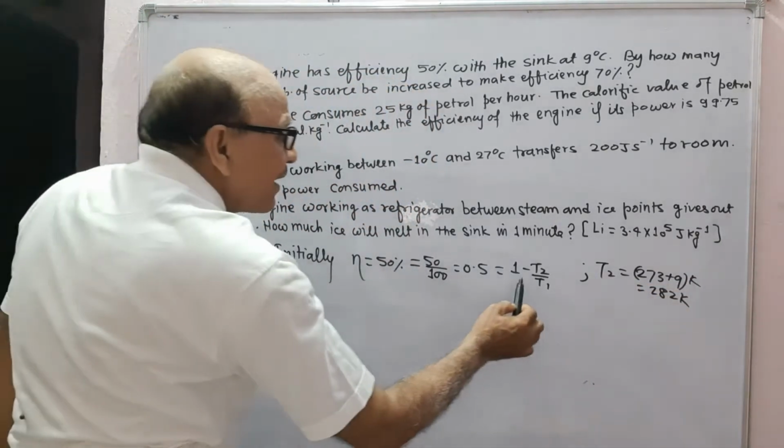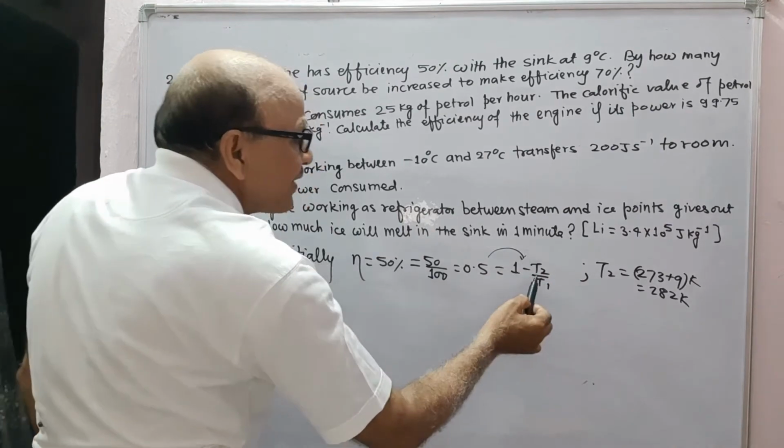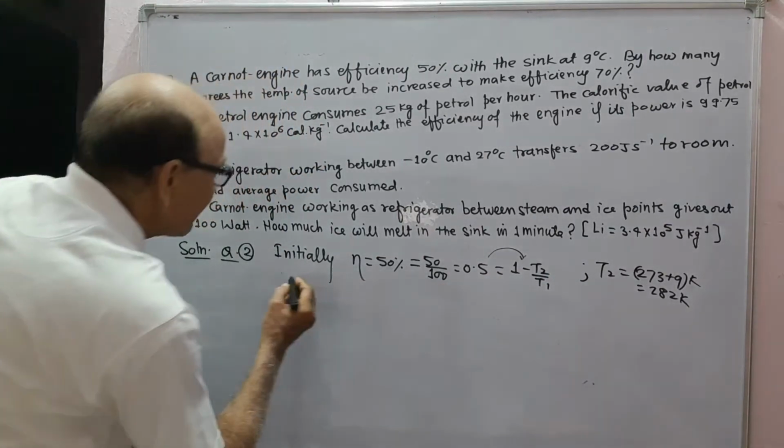So 1 minus 0.5 will be equal to T2 upon T1.